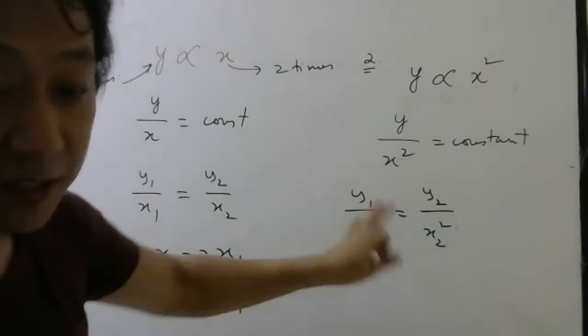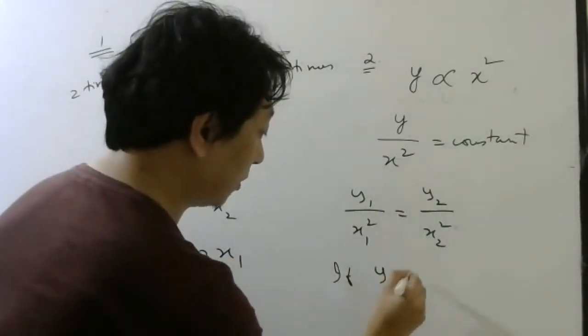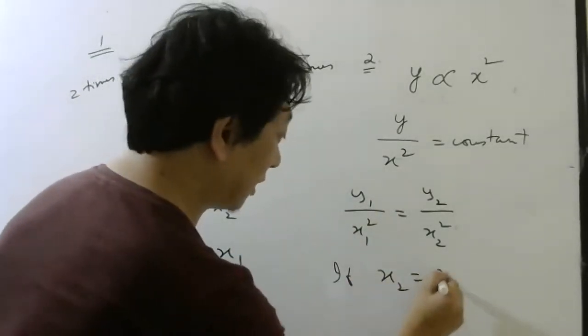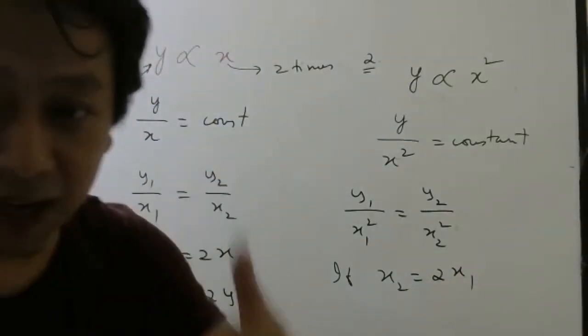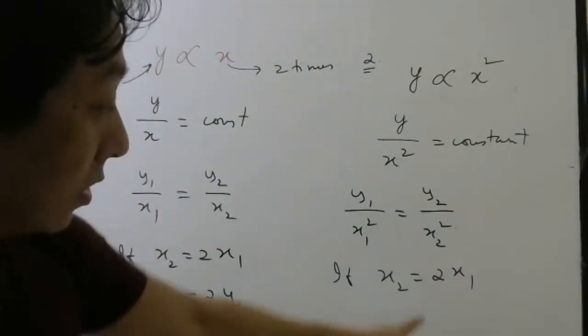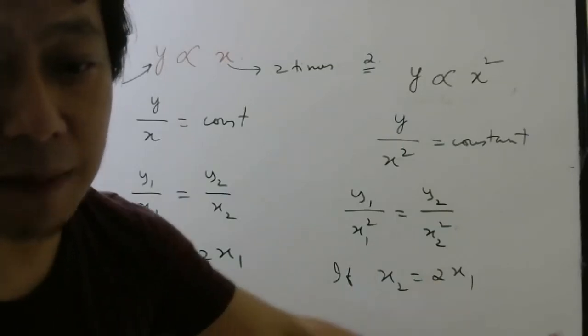So now if somebody says x2 is double of x1, meaning x is increased 2 times, try to calculate y2 will be how many times y1.